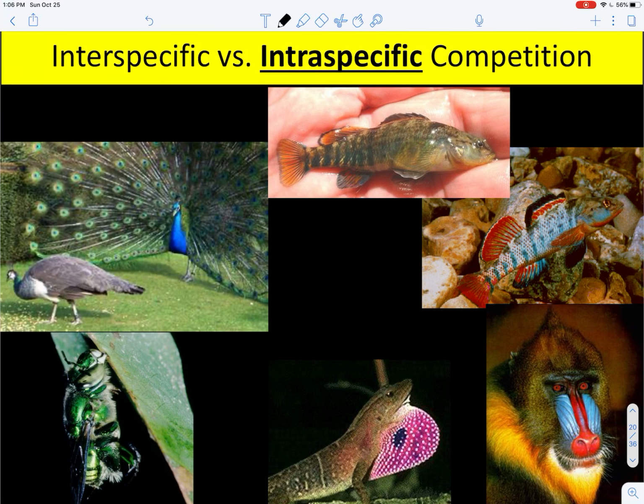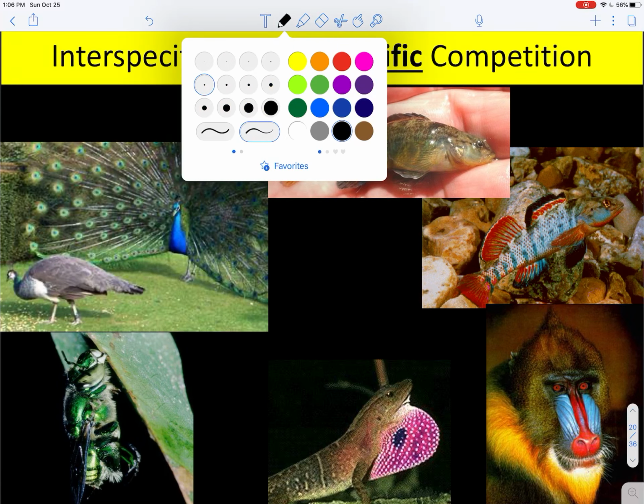So coming back to our discussions on sexual selection, one thing that I want to point out is that intraspecific competition for mates drives sexual selection.